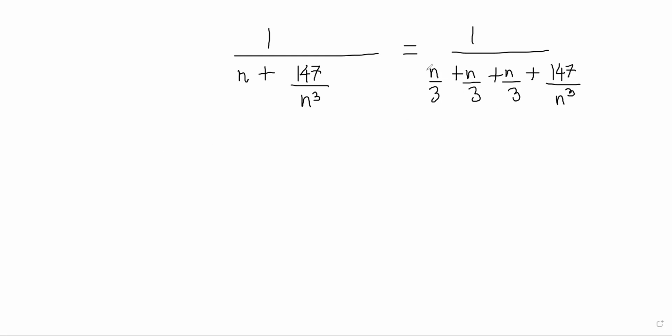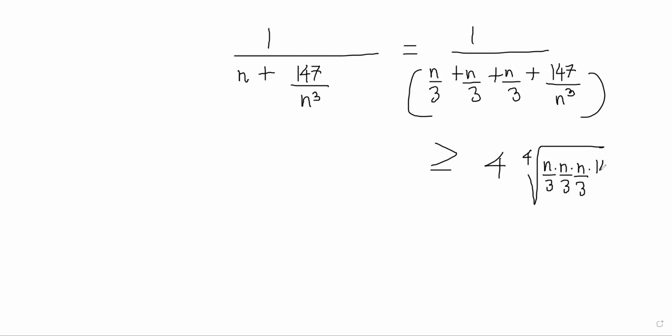So you can say this part will be greater than or equal to 4 times the 4th root of, 147 by n cube, the n gets cancelled, the 3 gets cancelled, 49 by 9, square root of 7 by 3, right?